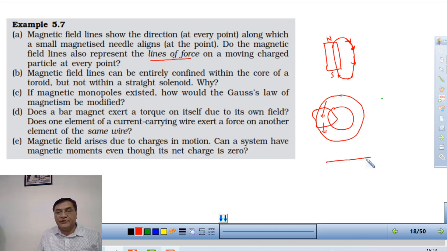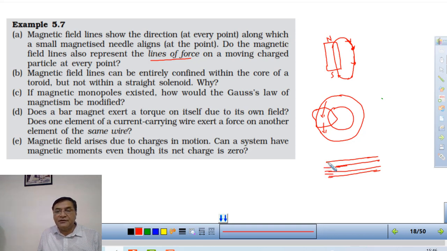If it is a solenoid and you draw the field lines like this, where do they end?